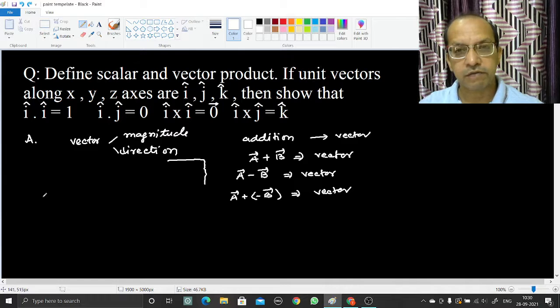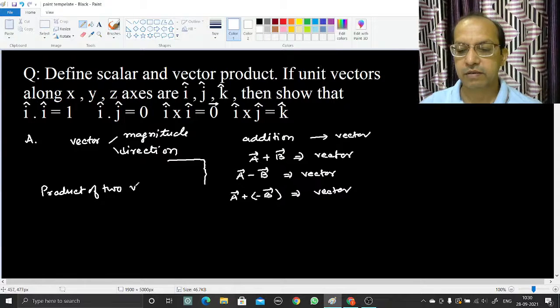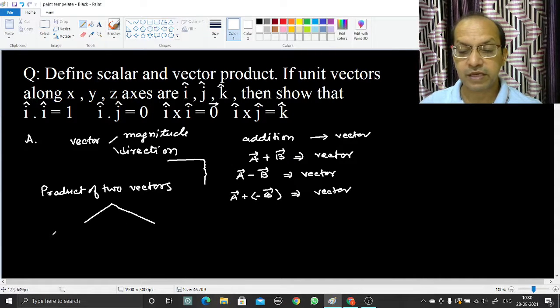Now what will happen if we find the product of two vectors? The product of two vectors can be of two types. The resultant may be a scalar, or the resultant may be a vector.